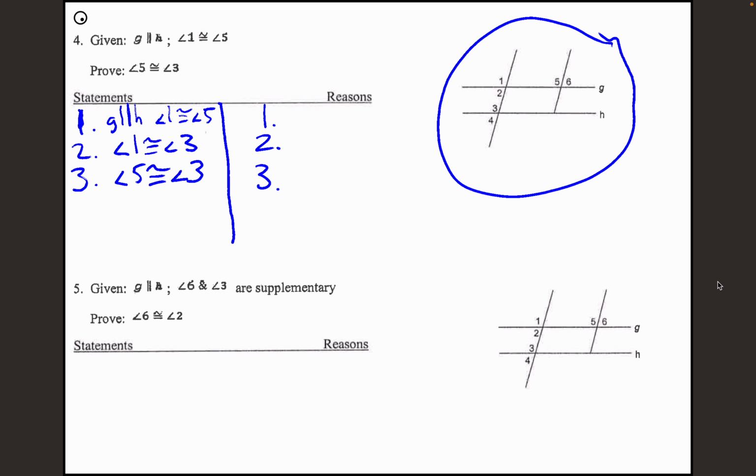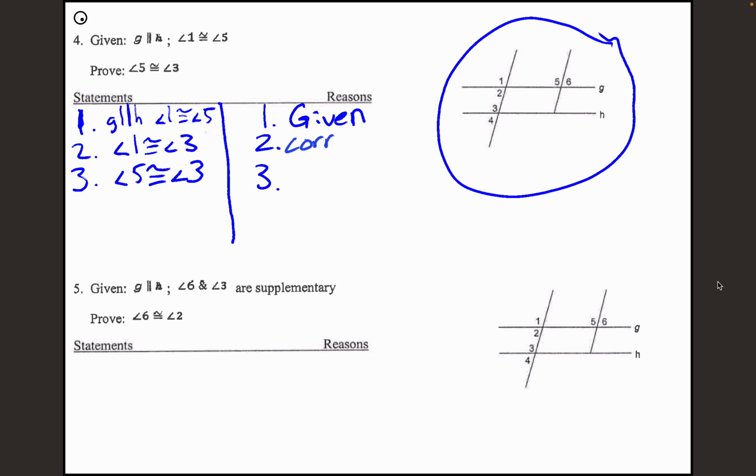Weston, what did you get for your first reason? Perfect. The first one's given. Angle 1 and angle 3. How do we know those are congruent? What'd you put, Austin?